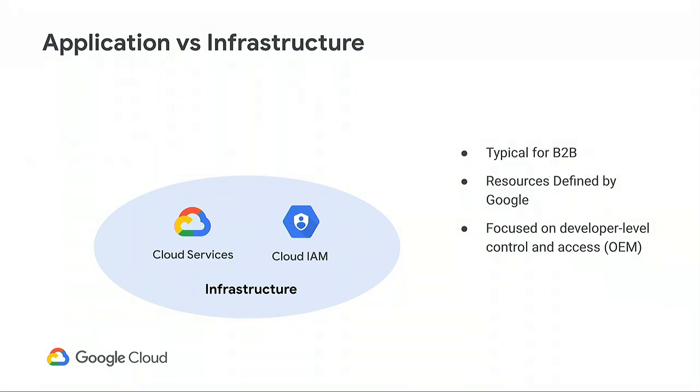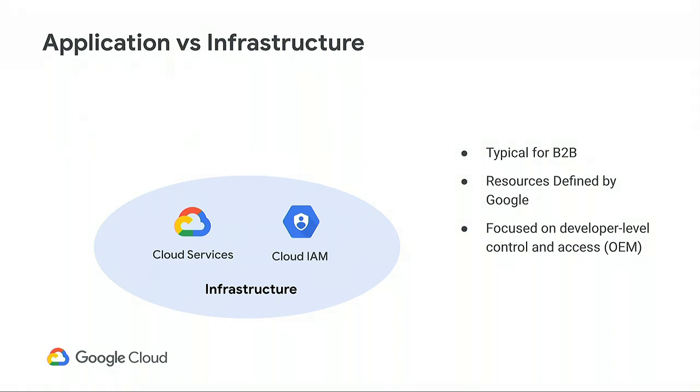This is true in IoT as well. So what's typical for infrastructure is that usually there are cloud services, and these are pre-existing building blocks. So for instance, compute engine instances or devices, and there are many of them in Google Cloud.